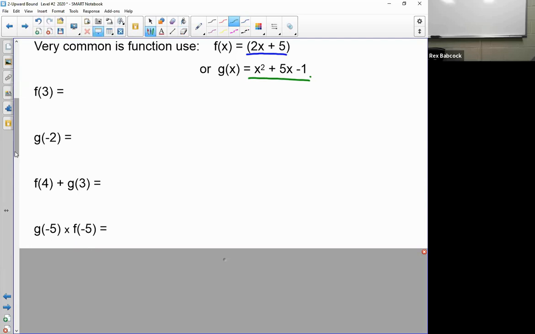Well, let's see if we can do this one step by step. Does anybody have the answer? You have an answer? Need more time? G of -5. Well, g comes first this time.